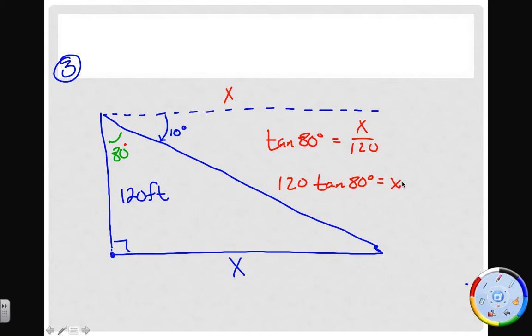Make sure your calculator's in degree mode when you do these problems, because most of this stuff in the real world, these type of problems, are in degrees, not radians. And you should get x is equal to 680.55 feet.